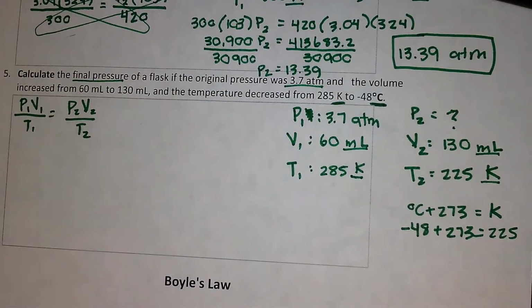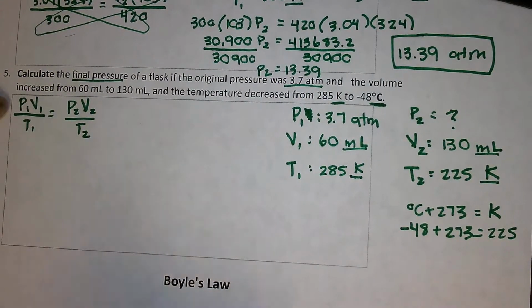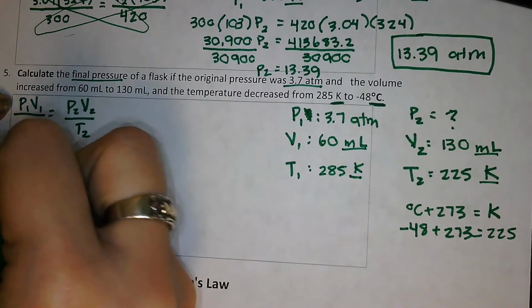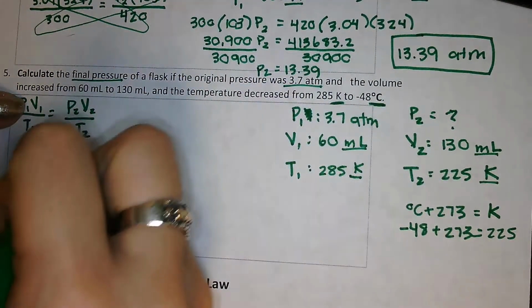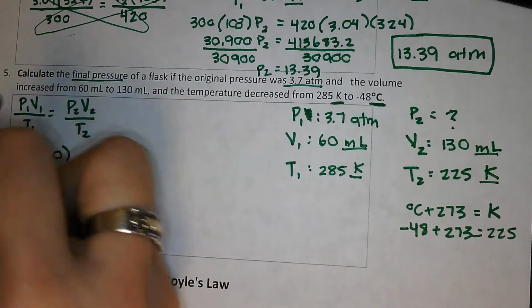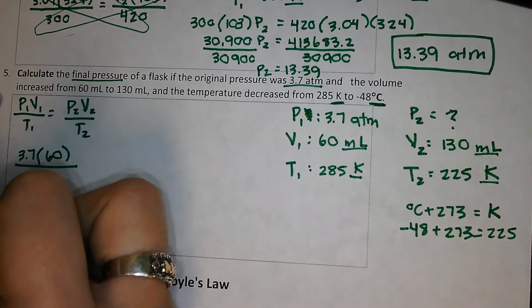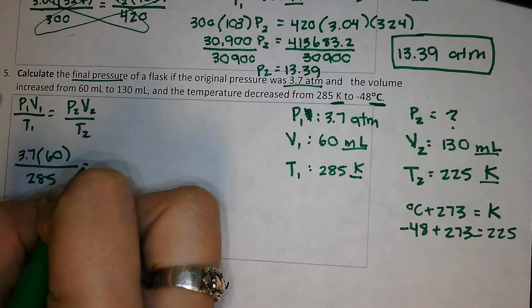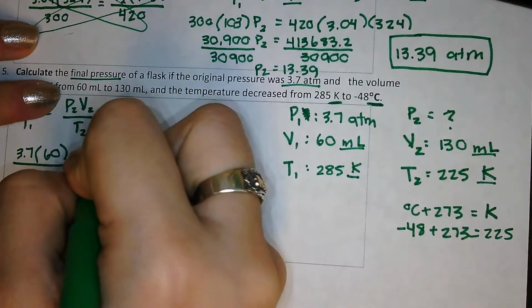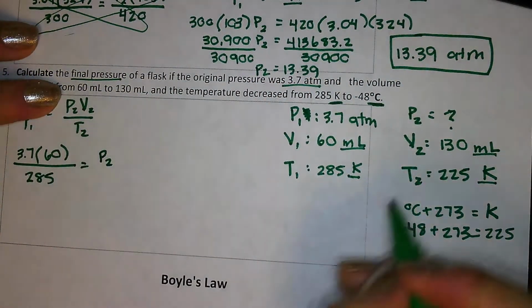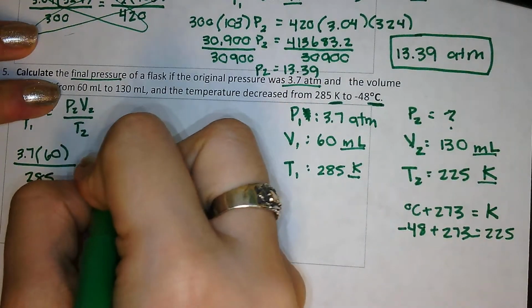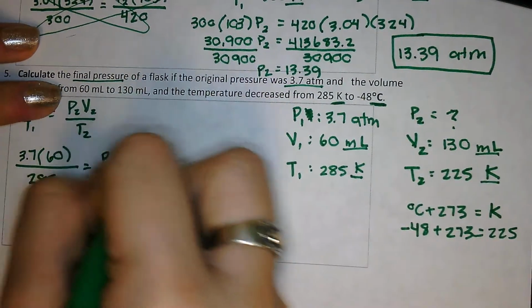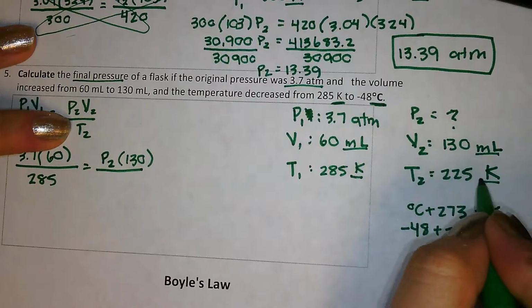Okay, so now I can plug these numbers into my main equation. P1 is 3.7 times V1, which is 60, all over T1, which is 285, equal to P2, I have no idea what that is, I am solving for it, times V2, which is 130, all over T2, which is 225.